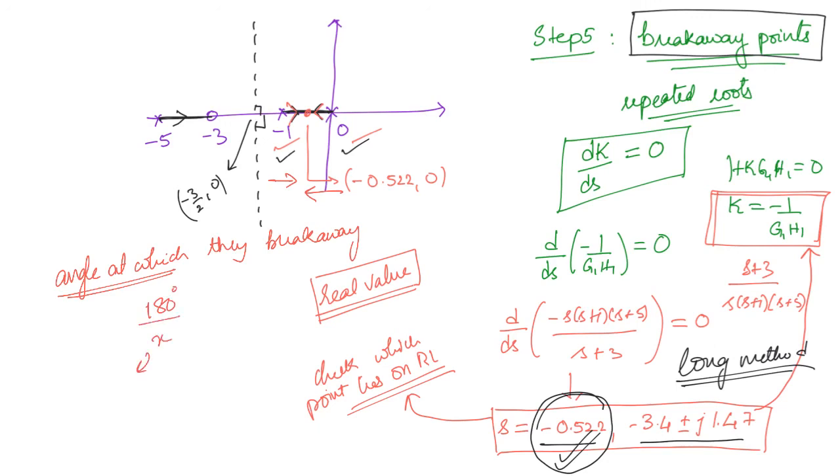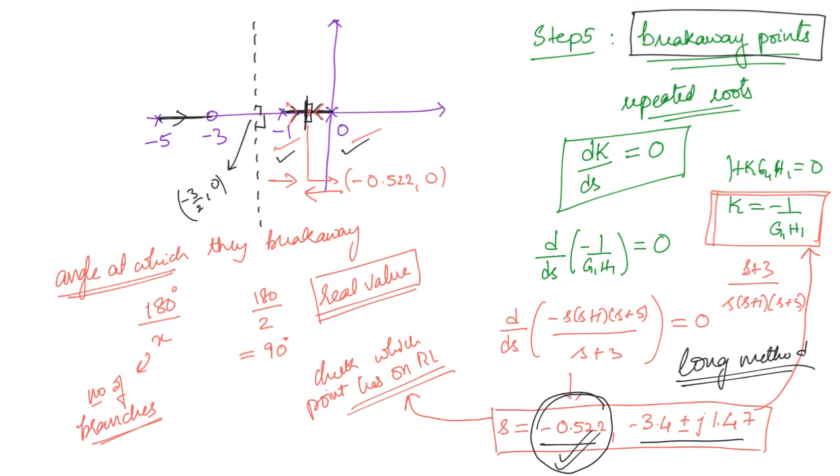X here is the number of branches that are arriving or departing or breaking away. Here you have two branches, so 180 by 2 is the angle at which they are breaking away, which is 90 degrees. So at the breakaway point, the root locus will be at 90 degrees.